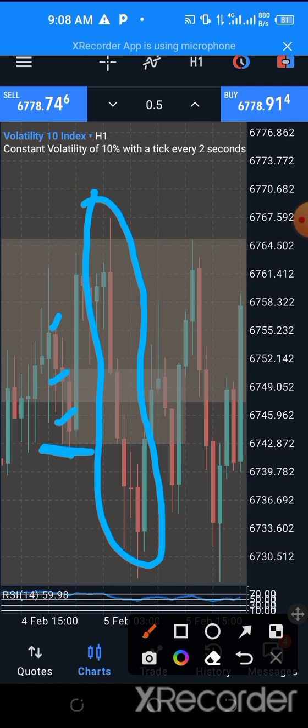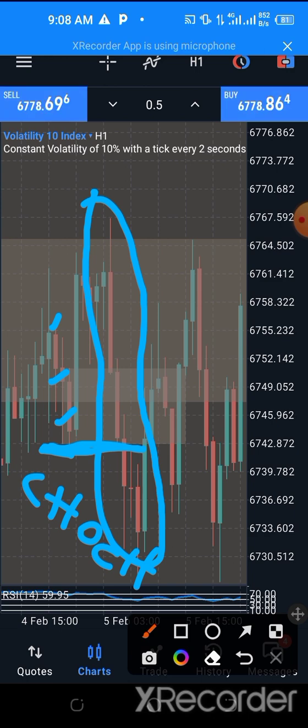So this validates it. Any pullback that crosses below here, we call it a change of character, shock.